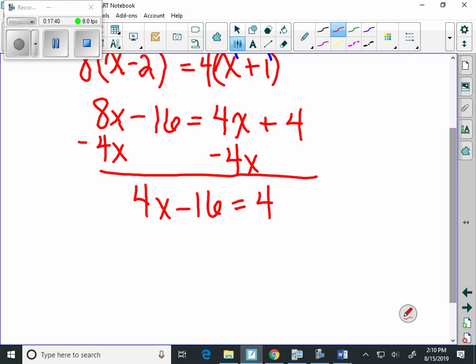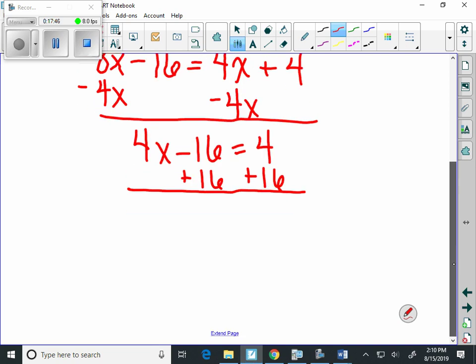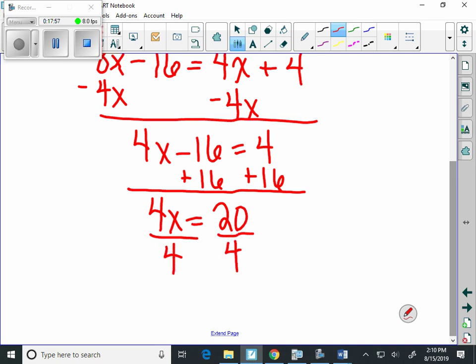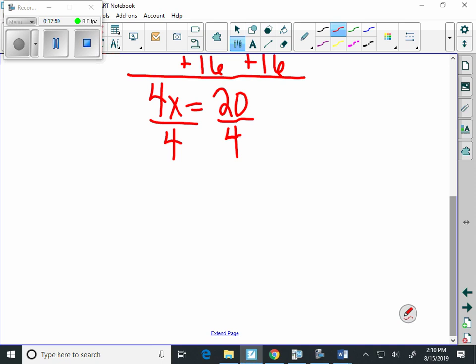We're going to move the 16 to the other side by adding 16. And we get 4x equals 20. 4 times x. We have to undo the multiplication by dividing. And finally, 20 divided by 4 is 5.